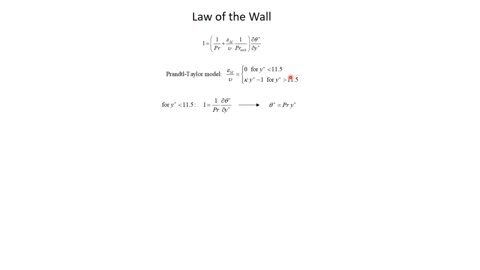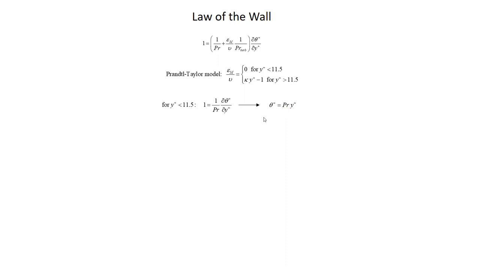If I substitute 0 here for below 11.5, I get a differential equation which I can integrate. In the viscous sublayer, or at least the region I am modeling as having no turbulent eddies, I get a linear temperature distribution, which is not surprising. In that region, I'm only dealing with molecular conductivity.